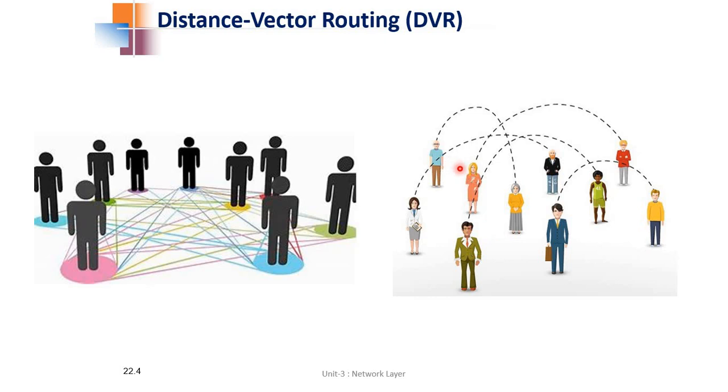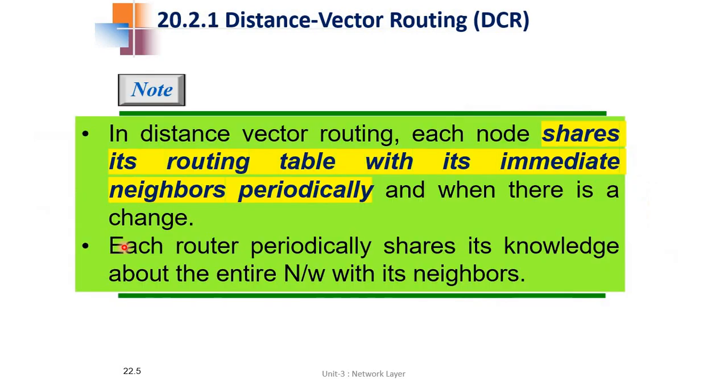All the routers in the internet world are supposed to share their information with the nearby neighbors: what is their name, what is the time taken, and what is the distance. Likewise, all the information about the respective router should be shared with the nearby neighbors.